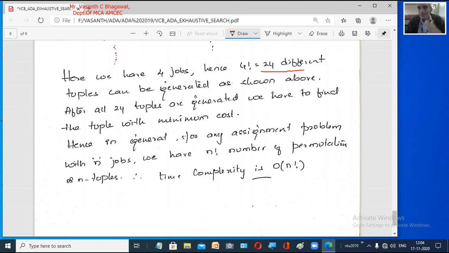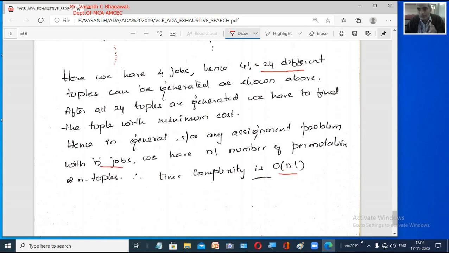When we are discussing exhaustive search, that means the permutation, subset or combination problems, using the brute force technique, this exhaustive method takes us a lot of time. For this assignment problem with n jobs, the time complexity is n factorial, n permutation.